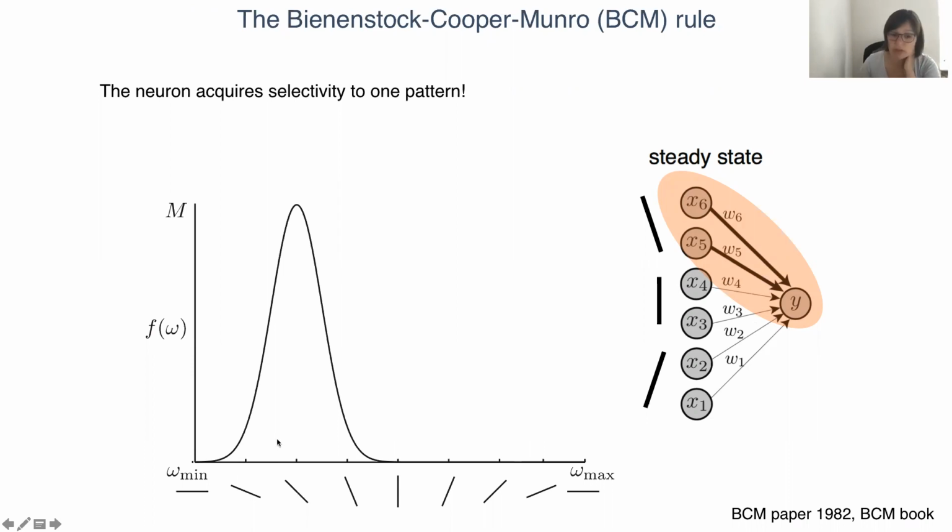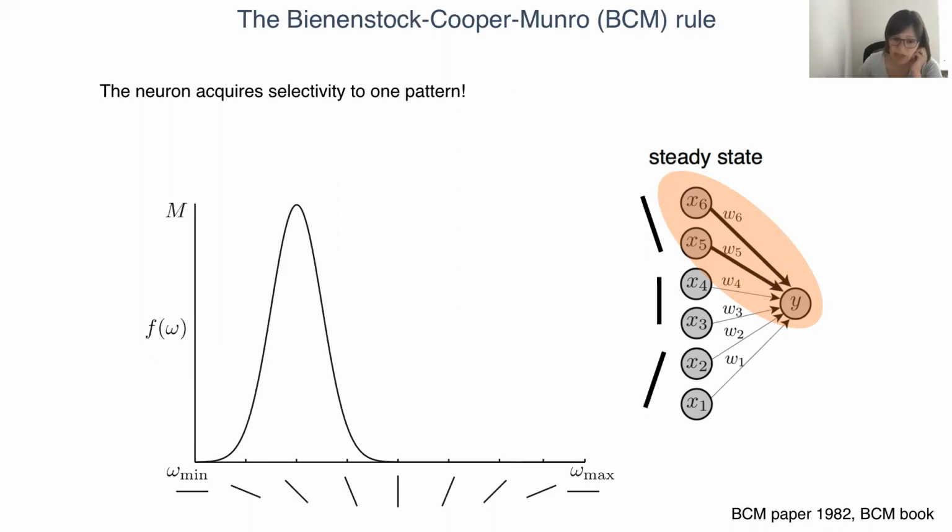So this is what the rule can do. This is different than, let's say, the covariance rule. This self-normalizing aspect, this adjusting of the threshold between LTP and LTD, enables the rule to achieve this.